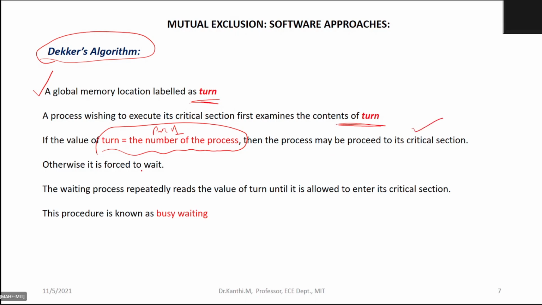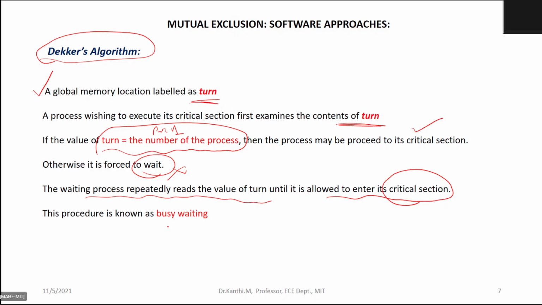If not, it is forced to wait. It cannot acquire the critical section. So the waiting process repeatedly reads the value of turn until it is allowed to enter into the critical section.